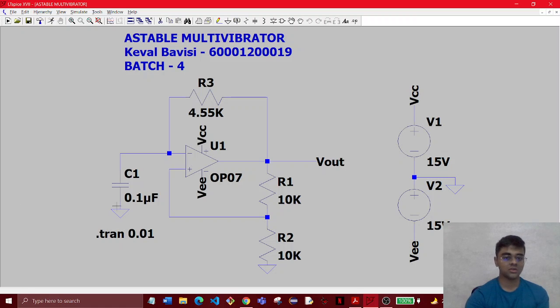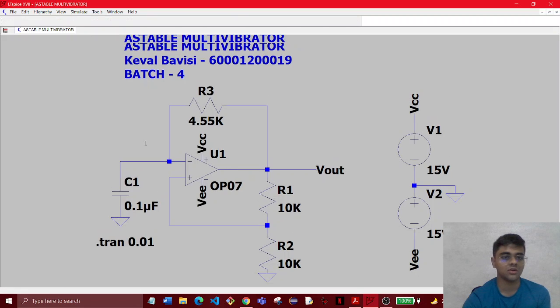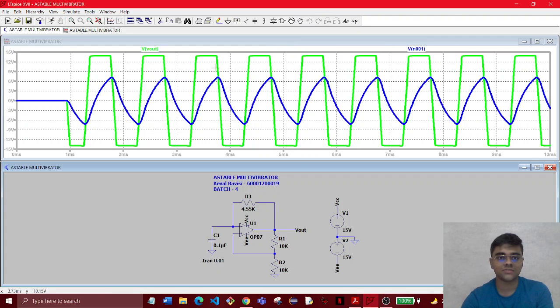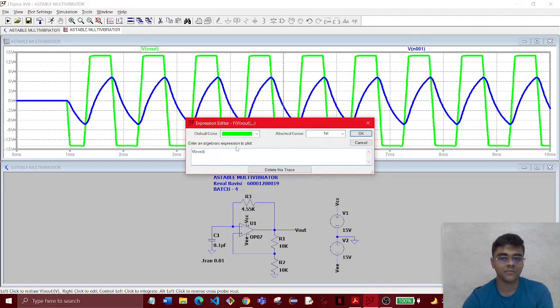The capacitor charges and discharges via the resistor of 4.55K, and this is a square wave generator, with a factor of beta which we are giving. So let us take the output over here. This is the output that we were expecting, that is, a square wave generated. For better understanding, we will take over our input 2, and let's first just see the input.